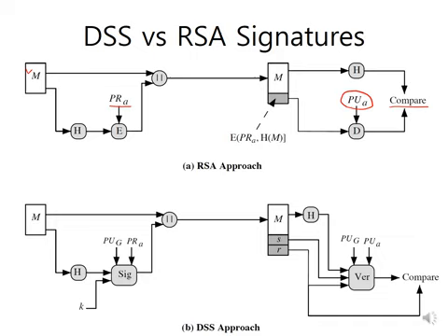Let's see the second case, DSS. The message M is given, which is to be signed, and then the H of M is signed by a specific algorithm. So this is the DSA algorithm. It can only be used for the digital signature, not for typical encryption or key exchange.